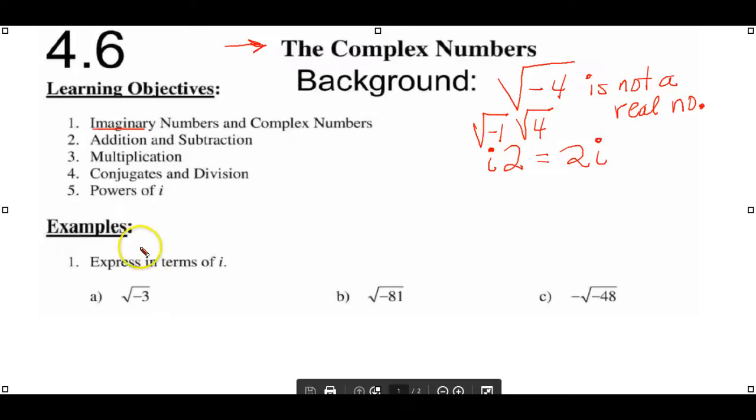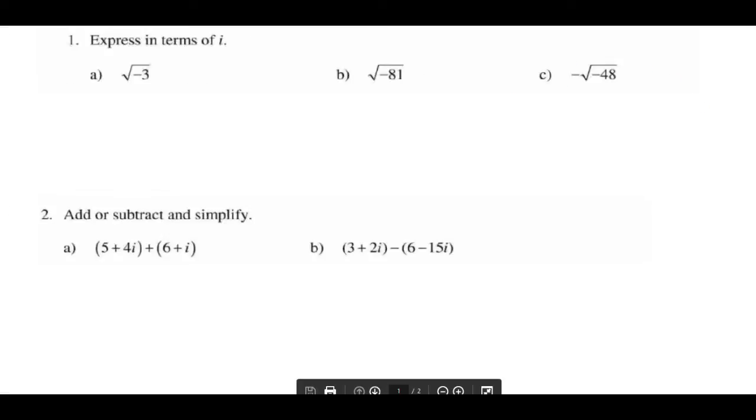So we will be doing some examples and going over some of the rules of how these imaginary numbers can be expressed. So in a sense, we're going to divide this into the square root of -1 times the square root of 3. So we'll put the i first, in this case, the square root of 3.